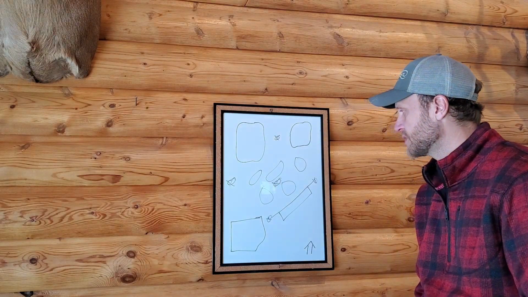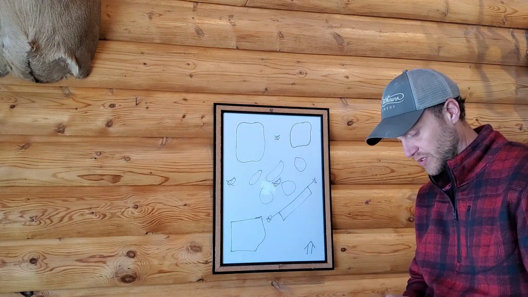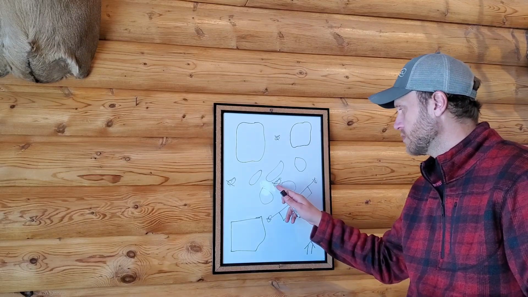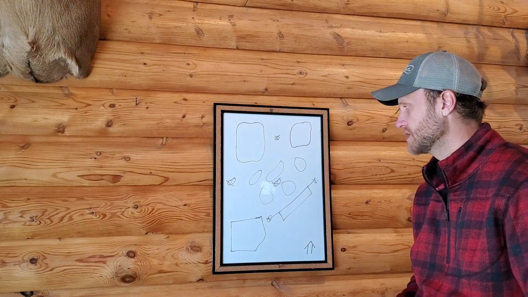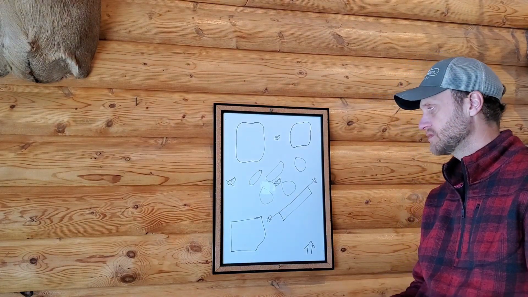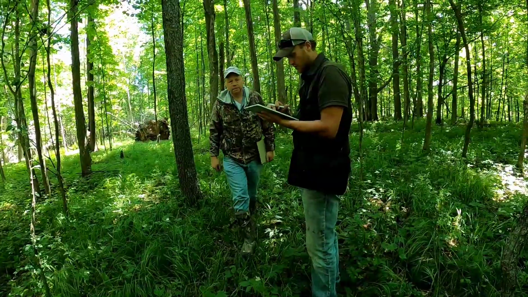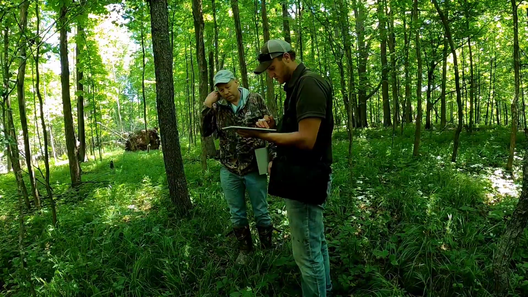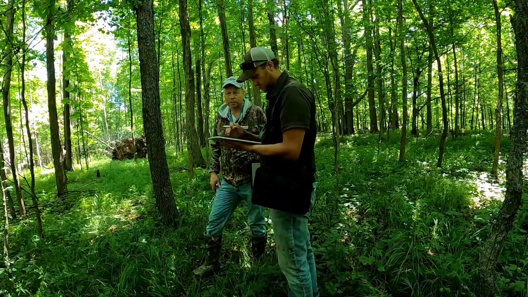So 120 acres, 1, 2, 3, 4, 5 stand locations, which is a concern. One of them, right in the dead center of the property, is a rifle blind. So in a bow hunting situation, which the client is an avid bow hunter, how do you make heads or tails of this?